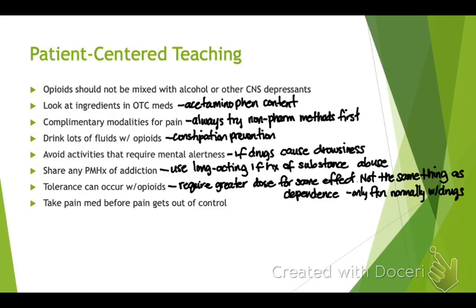You want to look at the ingredients of over-the-counter medication. Acetaminophen is used in a lot of different meds, and you want to know what meds you're using. So you want to be able to maintain yourself below the daily limit of acetaminophen use.